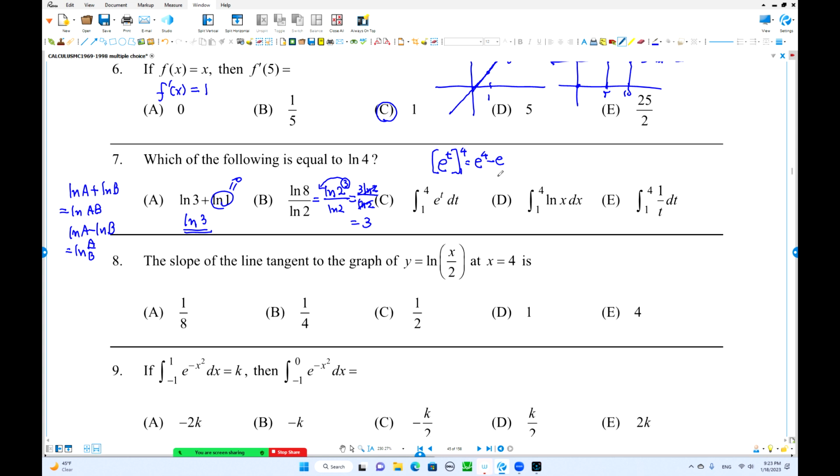This is ln 4 there. What is the antiderivative of ln t? This one is a little hard, maybe we can memorize this one. So I'm going to do this one first and do the other one later. What is the antiderivative of 1 over t?